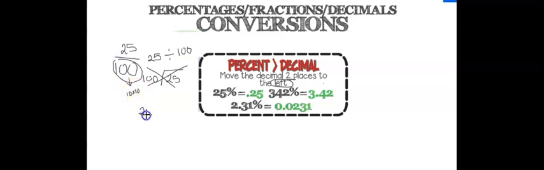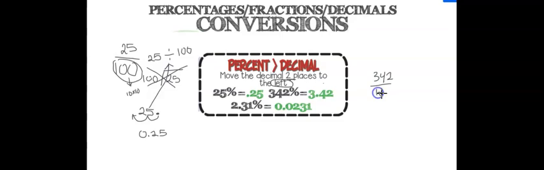So if it's 25, which 25% is 25, the decimal goes after the ones place, and we swoop it 2 to the left to complete this division. And then it ends up 0.25. That's the decimal.